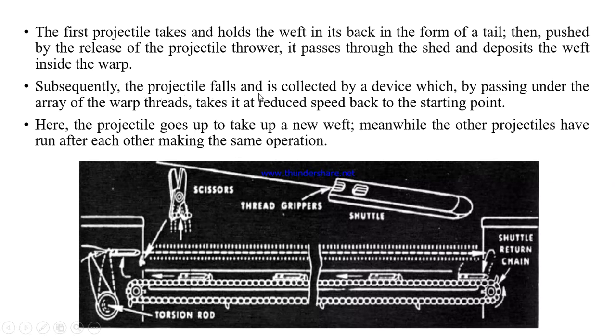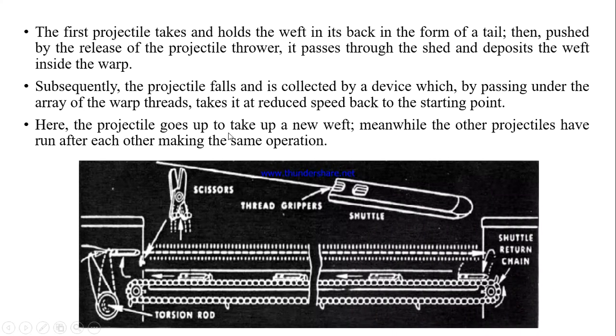Okay, subsequently the projectile falls and it's collected by a device which, passing under the array of the warp threads, takes it at the reduced speed back to the starting point. Okay, the picking speed is much higher, but the traveling speed of the projectile by this chain, the shuttle return chain, is much slower.